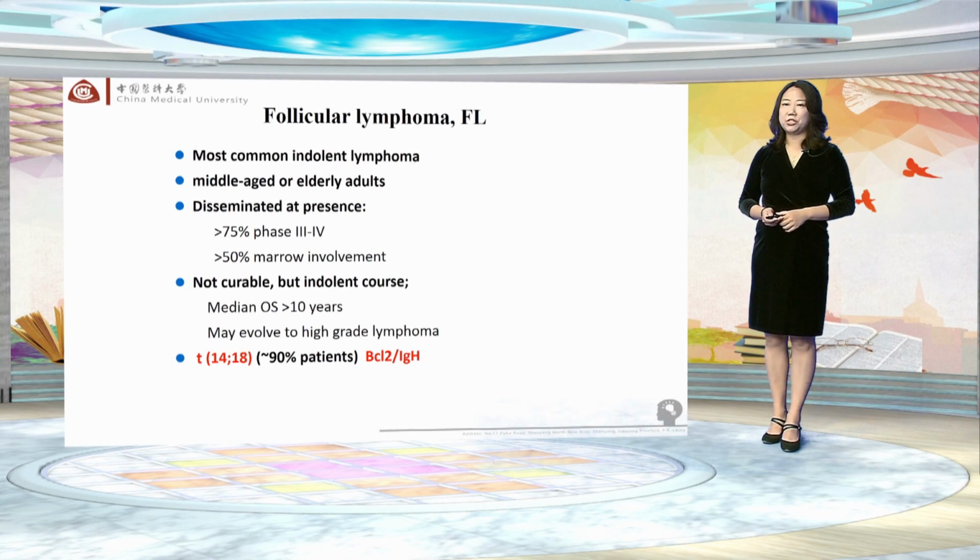About 90% of patients have translocation of 14 and 18, which places the BCL2 proto-oncogene under the influence of the immunoglobulin heavy chain gene locus. The use of PCR or FISH technology to detect immunoglobulin gene rearrangements and the BCL2 translocation permits the detection of very small numbers of malignant cells in clinical specimens.